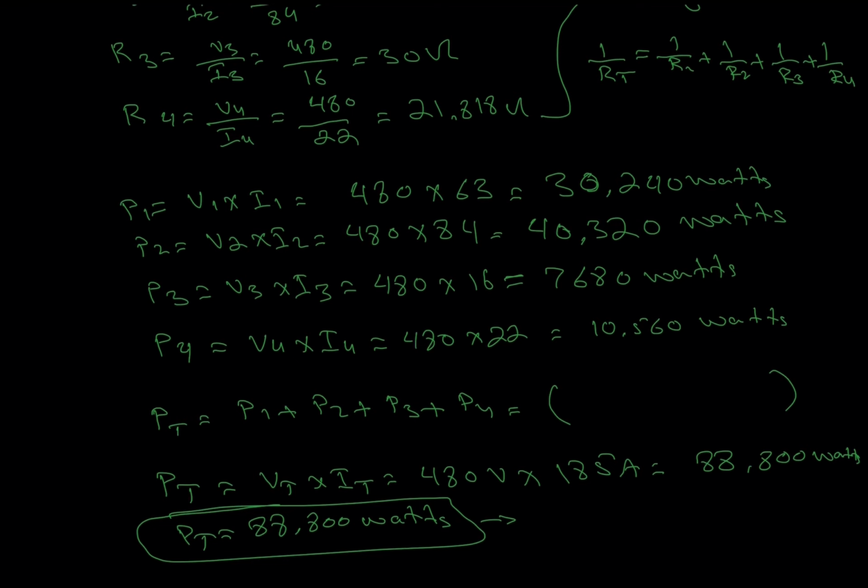Let's add them together. 30,240 plus 40,320 plus 7,680 plus 10,560. I got 88,800. 88,800 even. Wow, look at that, it matched the answer. No rounding errors this time.